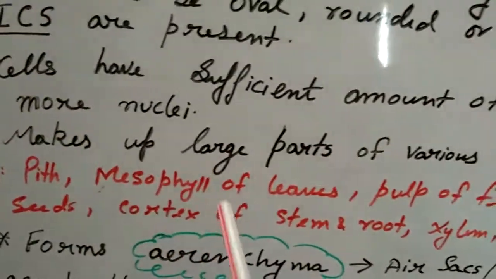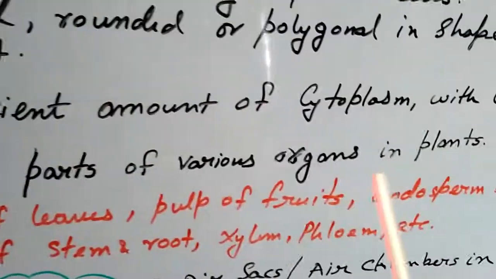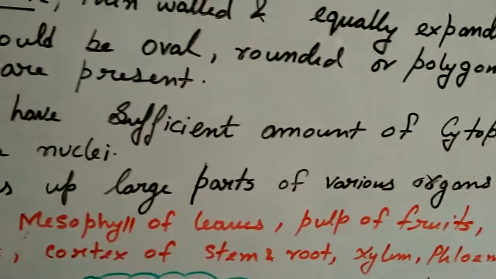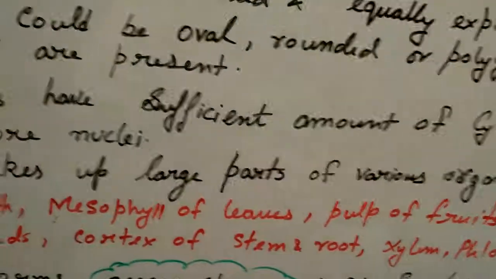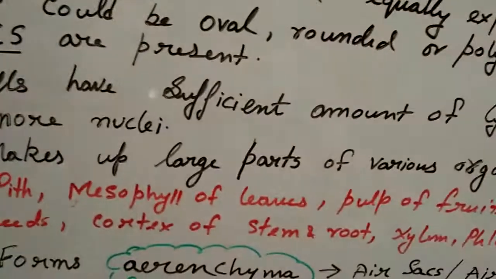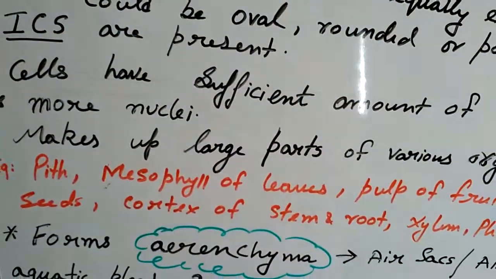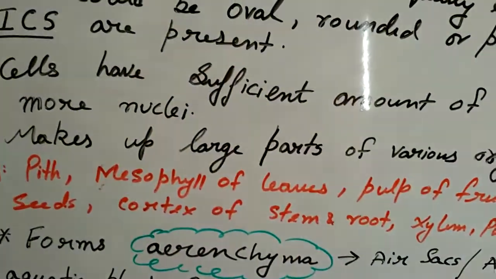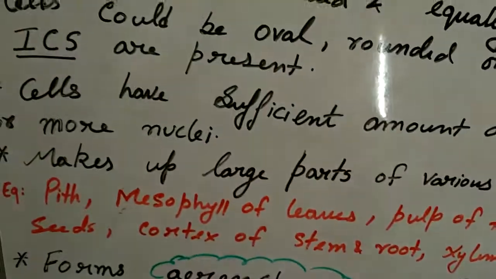Makes up large parts of various organs in plants. So parenchyma is present in most of the plant organs, in most of the regions of plant body. So this is the most abundant tissue.